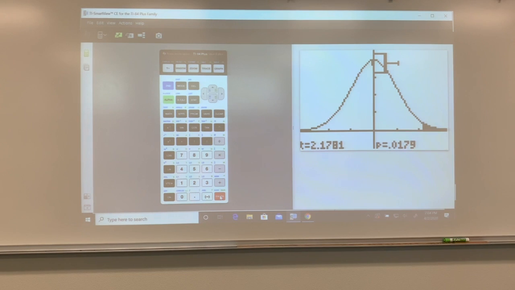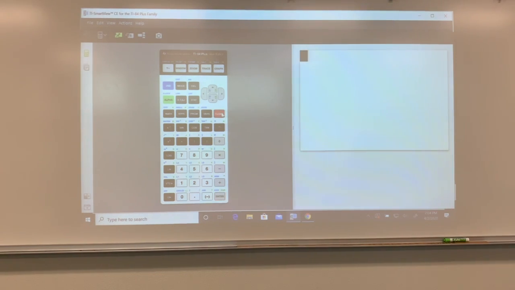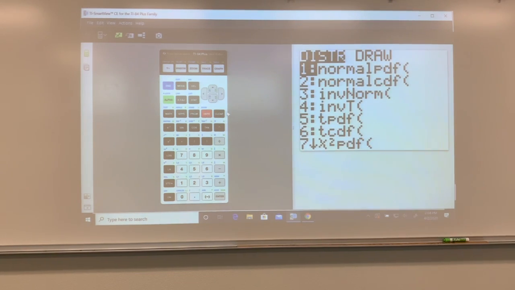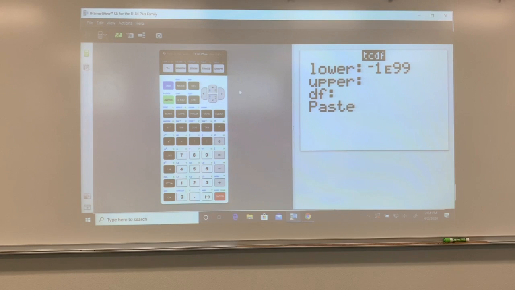Now, you can do TCDF if you wanted to do it by hand, and that would be second distribution. I would go to TCDF right here. Most people aren't going to go this direction; they're going to go another way.